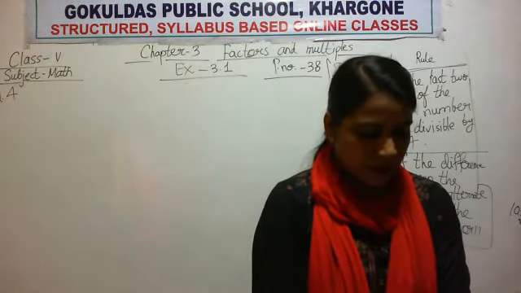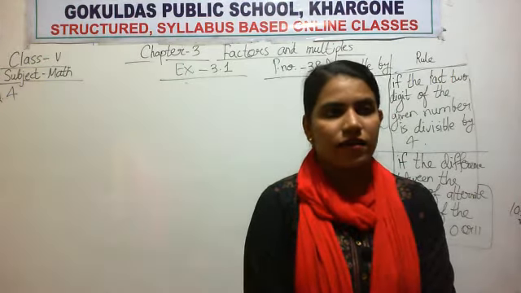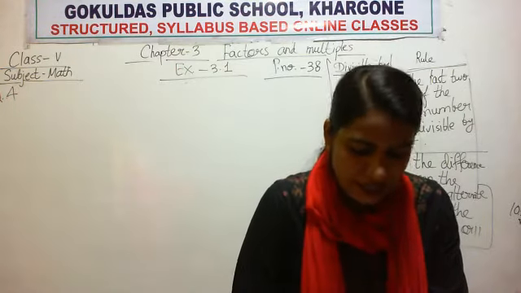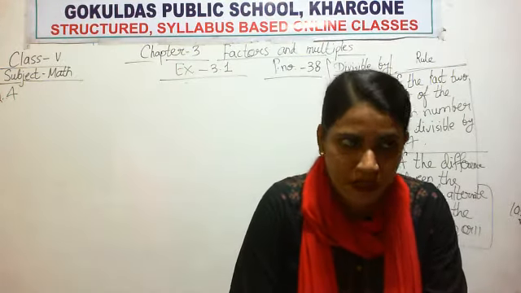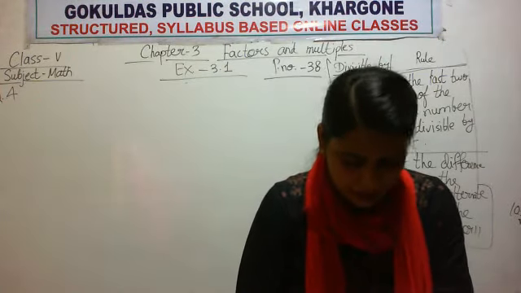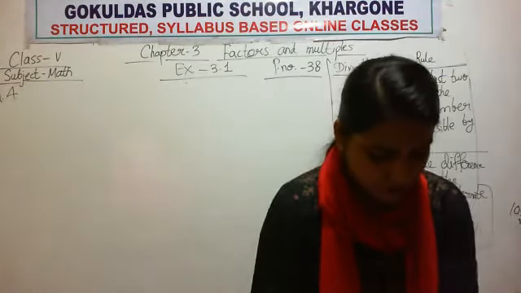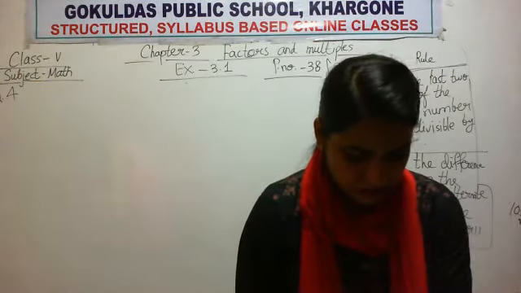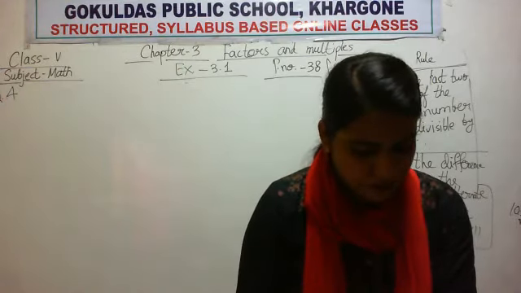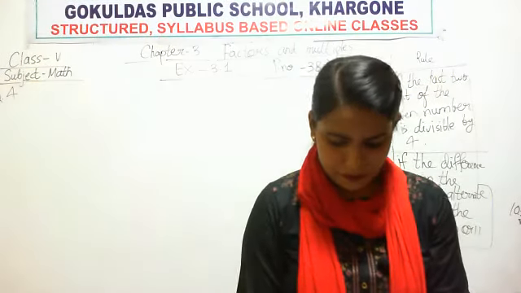Next, B. A number divisible by 9 is also divisible by 18. So it is also true because 18 is a multiple of 9. So if any number is divisible by 9, then it must be divisible by 18 also. Now part C, a number divisible by 4 is always even.